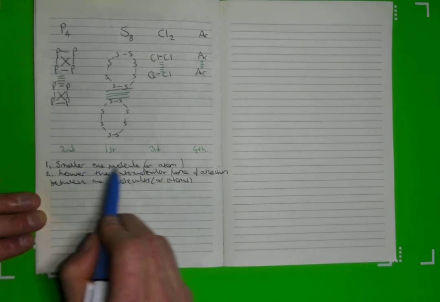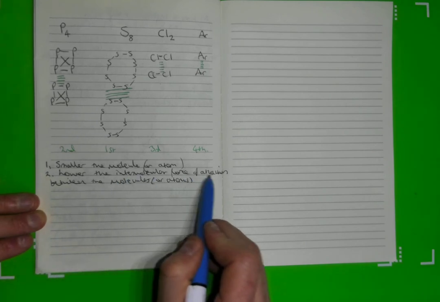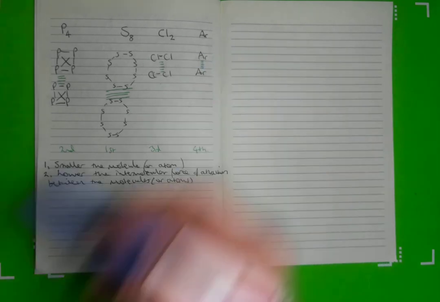The smaller the molecule or atom, the lower the intermolecular force of attraction between the molecules or atoms, in this case for argon.